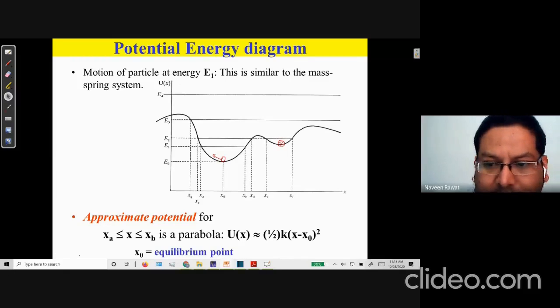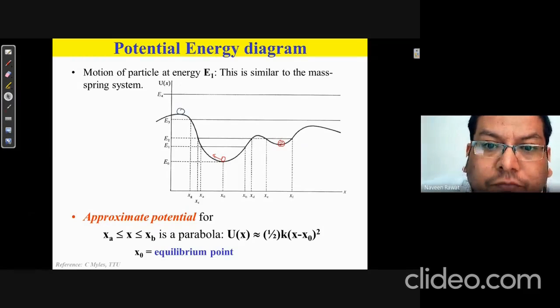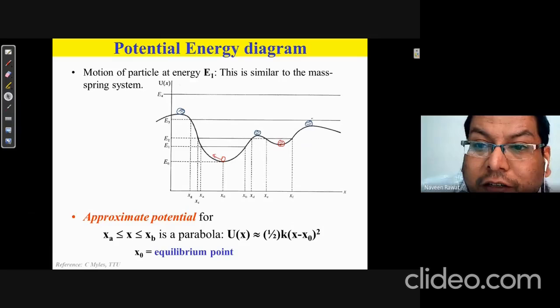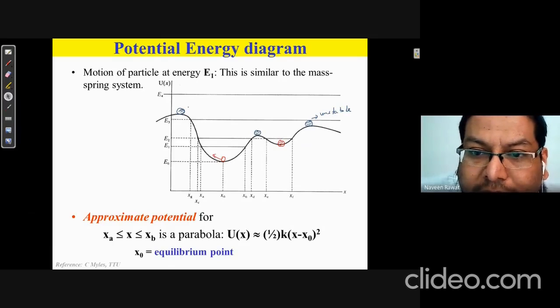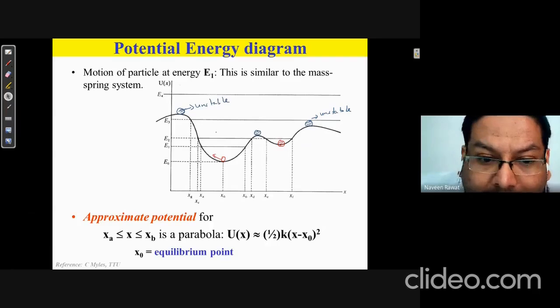Let's do that. And all these positions, the ones I'm marking in blue, you can understand that these are all unstable, right? If I displace it slightly, then the particle is just going to go away. Okay, and these are all unstable, right? And we have our situation, this one was a stable one.